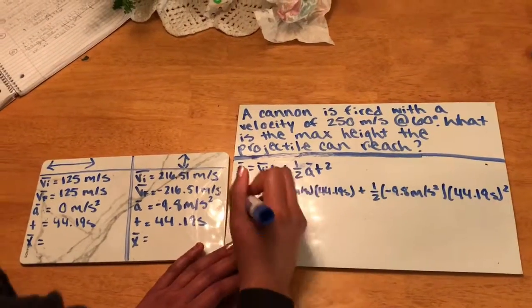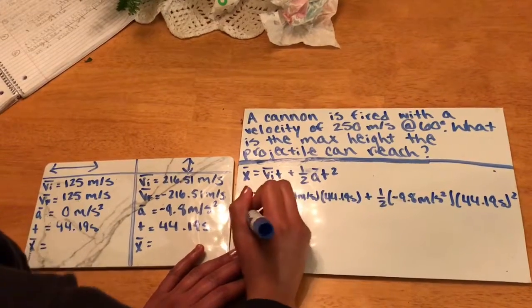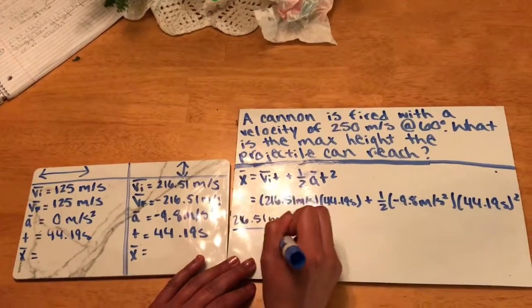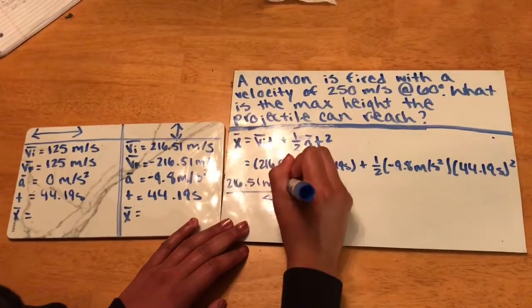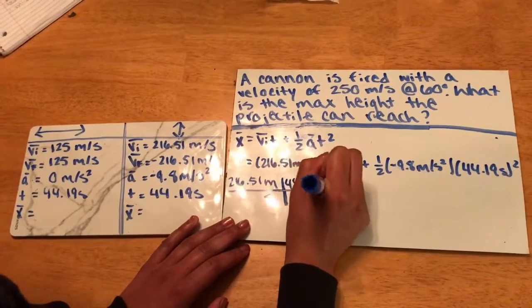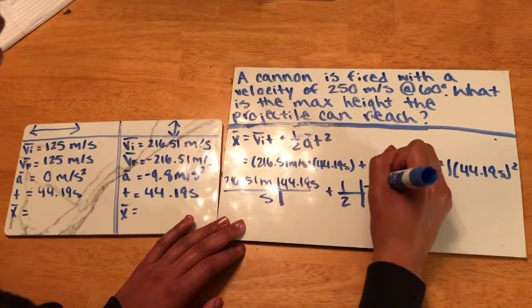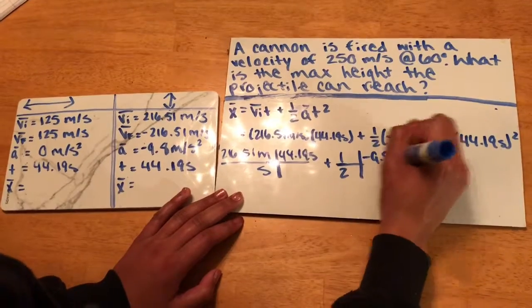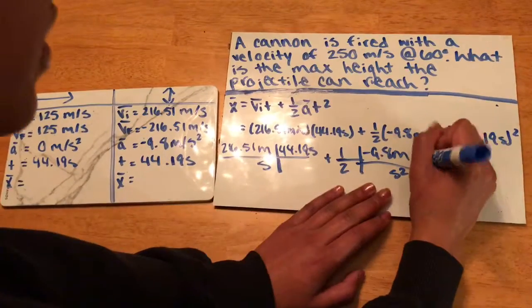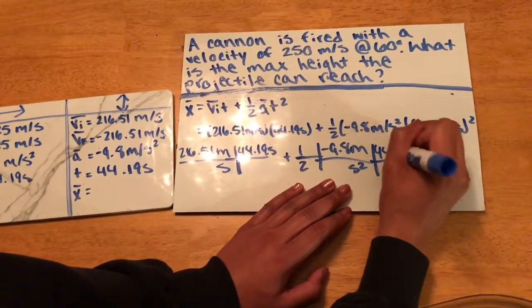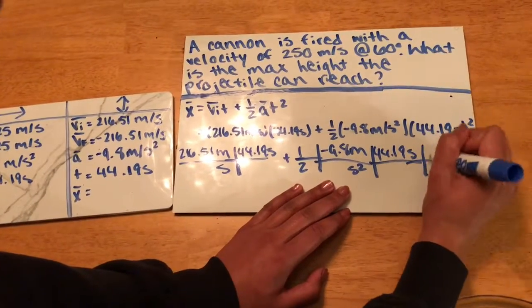If we put that into unit analysis, it'll be written out like this: 216.51 meters per second times the time plus half times the acceleration. And so that it's easier, we'll write time twice to show that it's squared.